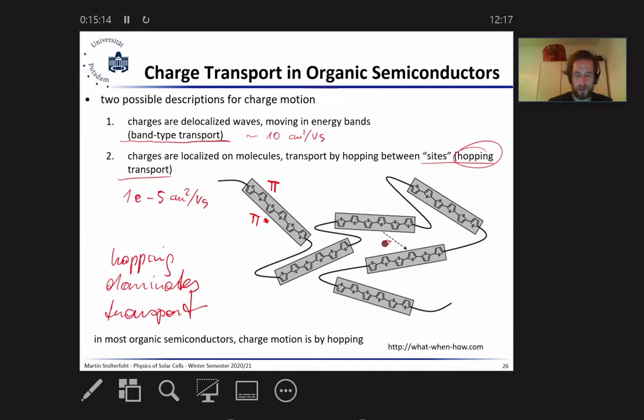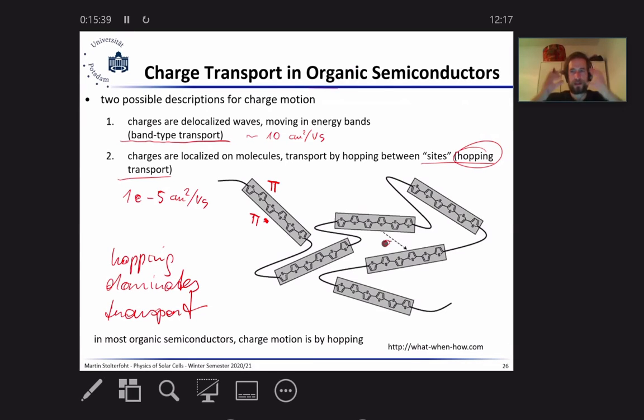So remember, there are two types of transport mechanisms in organic semiconductors. Band-like transport is like silicon. It is a bit slower than silicon because even that single molecule chain is not as ordered as a complete crystal structure, and for many other reasons. But in any case, there needs to be a hopping process.